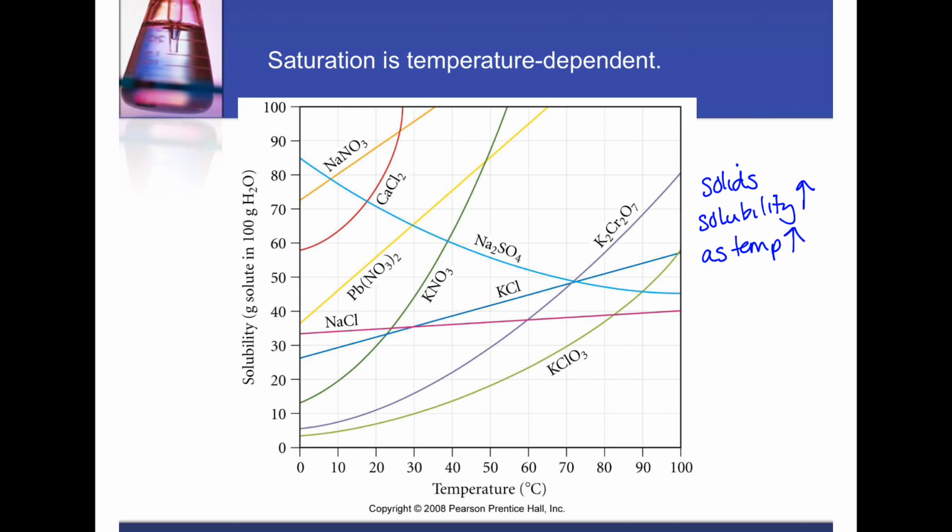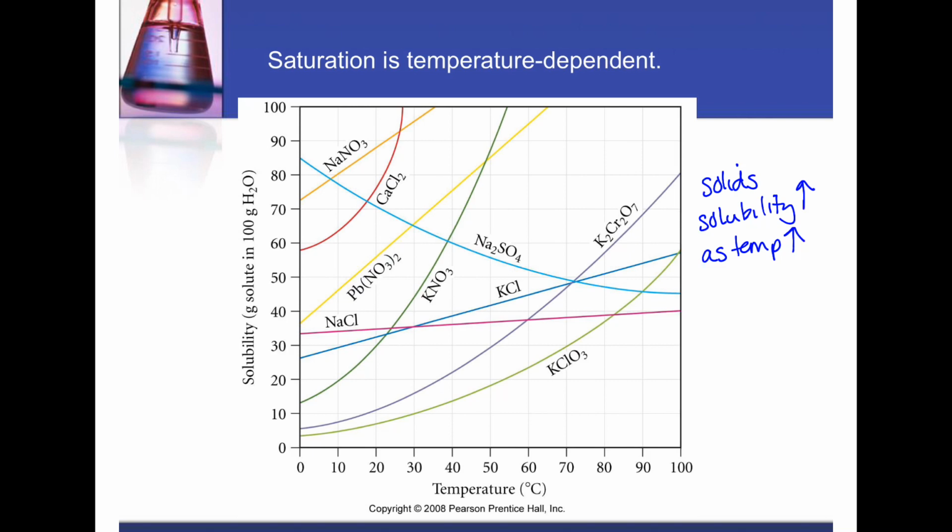And if that doesn't seem obvious to you, you can think about how this relates to your everyday life. I know, for example, that if I'm going to make iced tea, and I like my iced tea sweetened, I need to add the sugar when the tea is still hot, because I can get more sugar in solution when it's hot, and then I let it cool down.